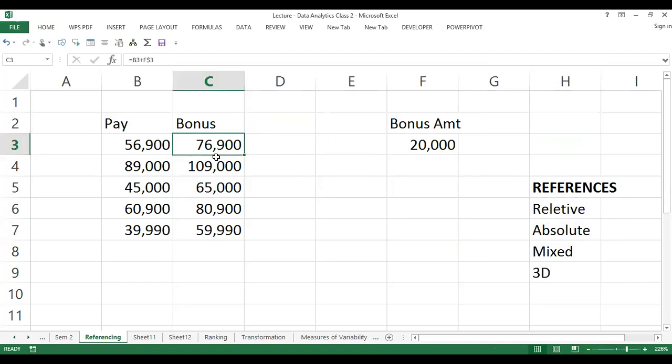Okay, now, we are used to relative referencing. This is what we use all the time.